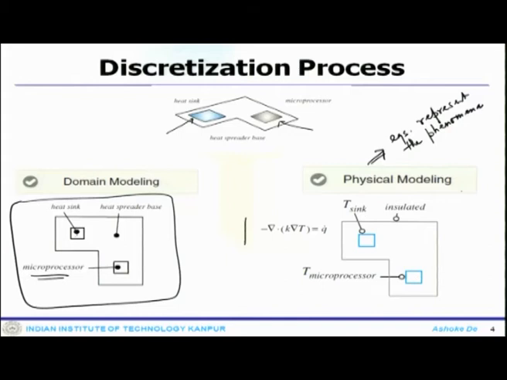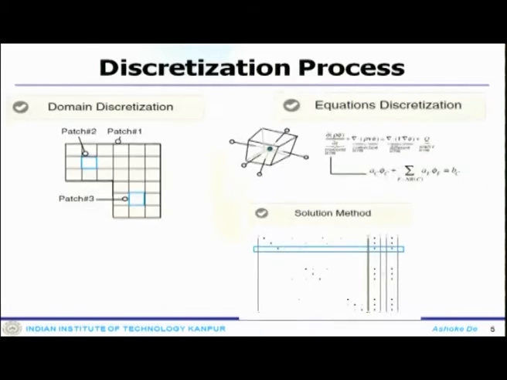So, I will be essentially solving a steady state heat conduction equation with a heat generation term. Why is there a heat generation term? Because the microprocessor sitting in this heat spreader base is going to be the heat generator and this is going to be the heat sink.